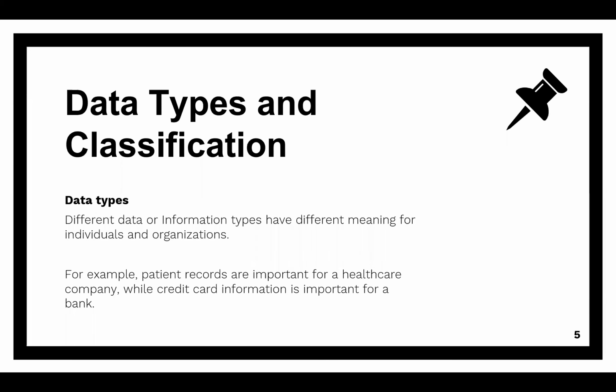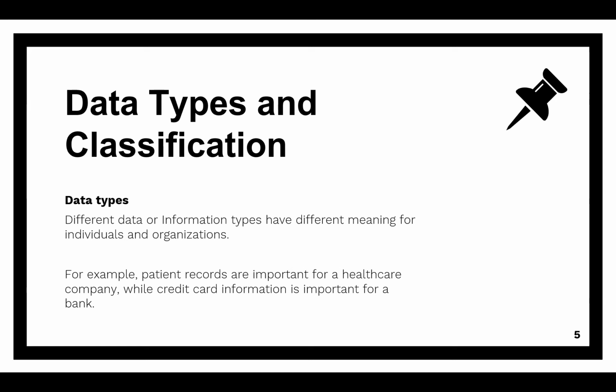When it comes to data assets, there are different types of data and classifications. Different data and information have different meanings for different organizations and individuals, right? For example, if you're working for a healthcare company, patient records might be important.